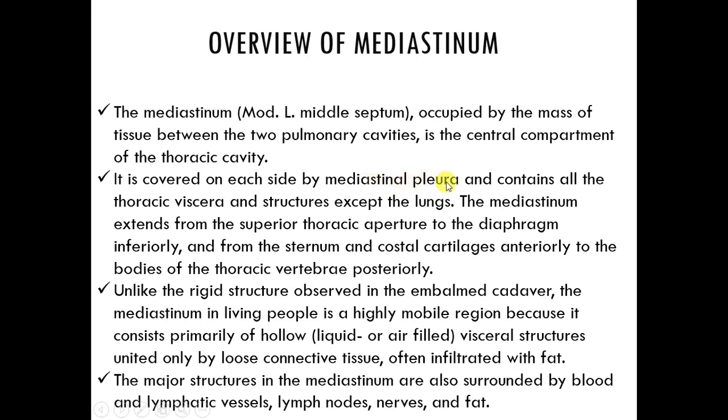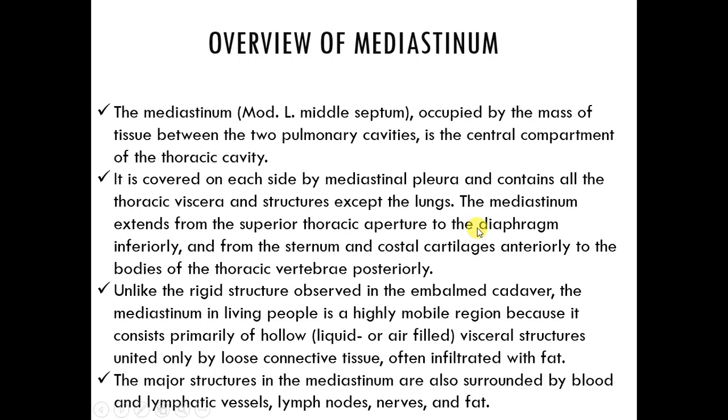The mediastinal pleura is the parietal pleura. Visceral pleura is covering the lungs, but the part of parietal pleura which is coming on the medial side of the lungs towards the mediastinum is the mediastinal pleura, and it contains all the thoracic viscera and structures except the lungs, because lungs are present on each side. The lungs are covered by the pulmonary cavities, the pleural cavity.